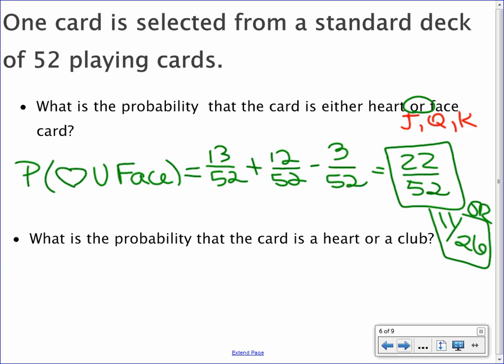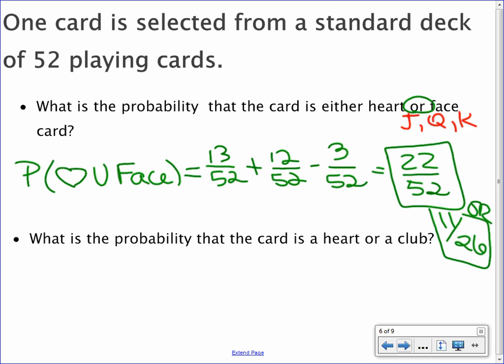We counted all of the hearts, we counted all of the faces, but there are 3 face cards that are hearts. You counted those cards twice, so you subtract one.